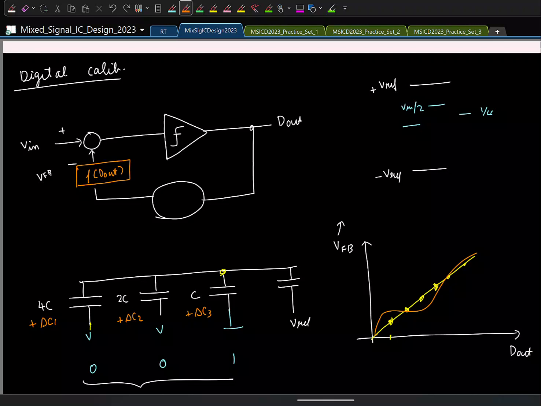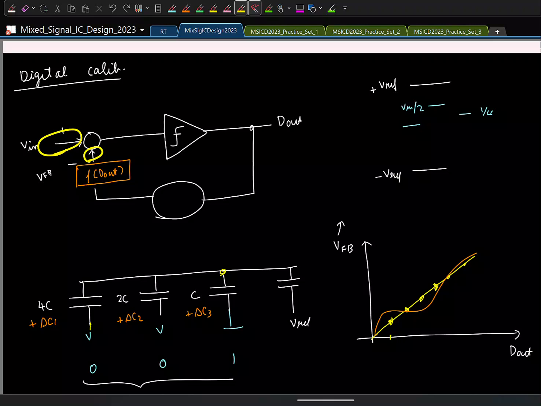Okay, that's fine. So now if you see, my negative feedback loop is a poor thing. It doesn't know anything. All it can do is it will try to make the feedback signal equal to my input signal. So now which two signals will be equal? The feedback signal will be equal to the input signal.